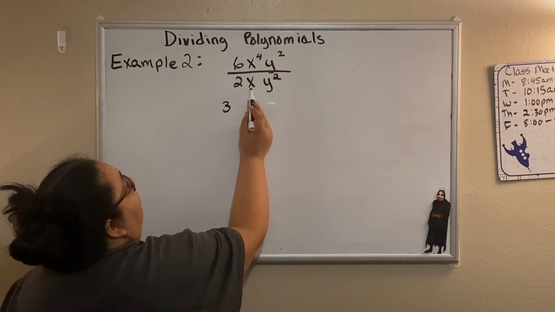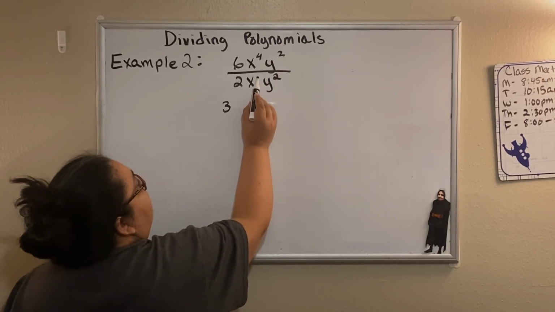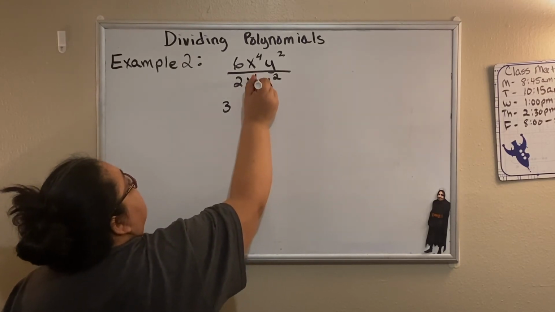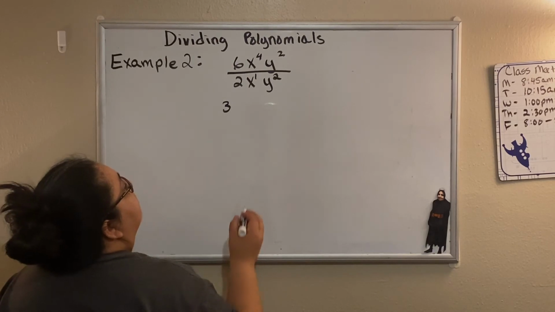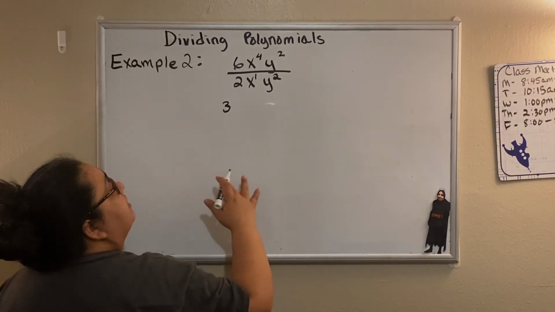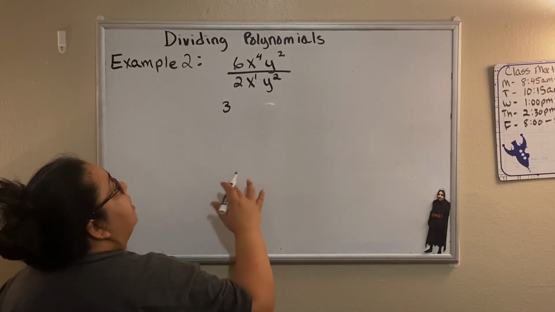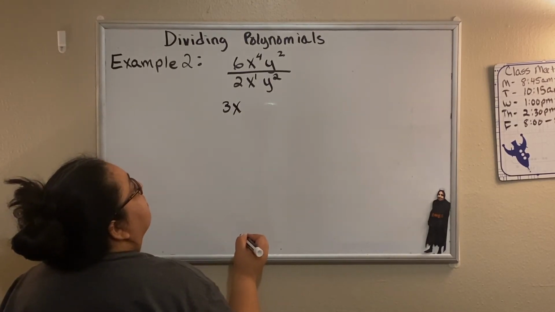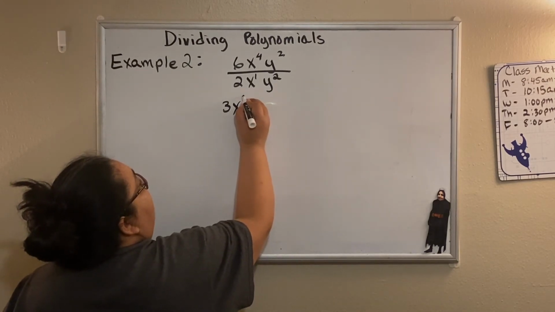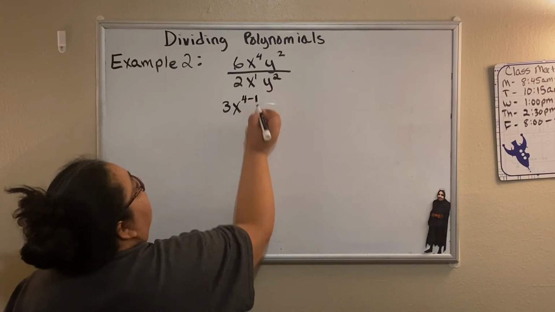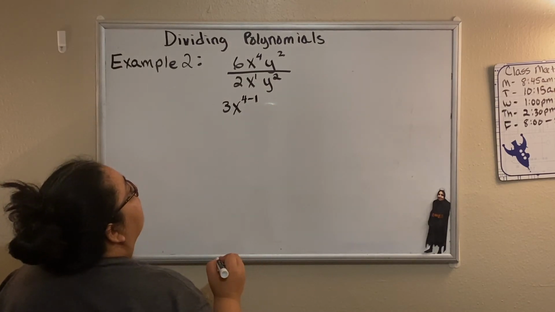The power in the denominator for x, well, we don't see it, but it's understood to be a 1 right here, so let me just mark a 1. Now we can use the previous method, where we have the variable x, and we start with the power in the numerator, 4, and subtract the power in the denominator, 1.